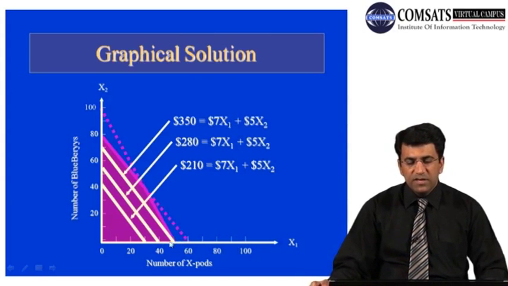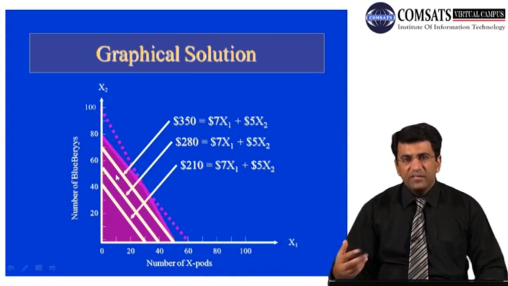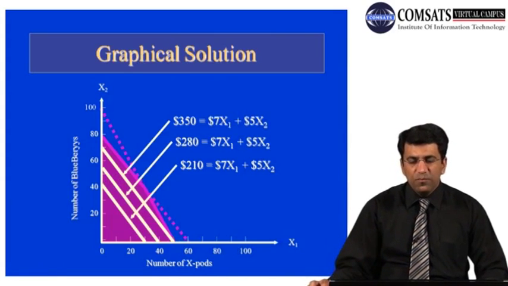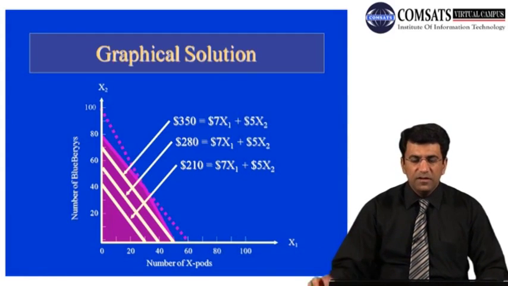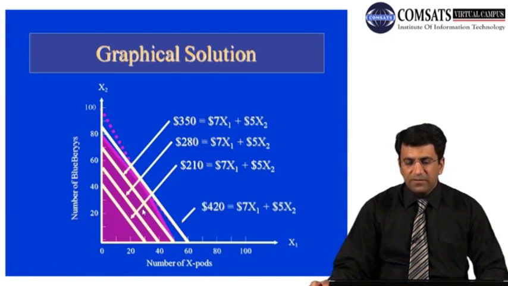As we increase the value of profit, this profit line moves ahead towards the final limit of the feasible region. Now suppose we put that value equal to 480, now this is the profit line which is actually the last feasible point of that feasible region.